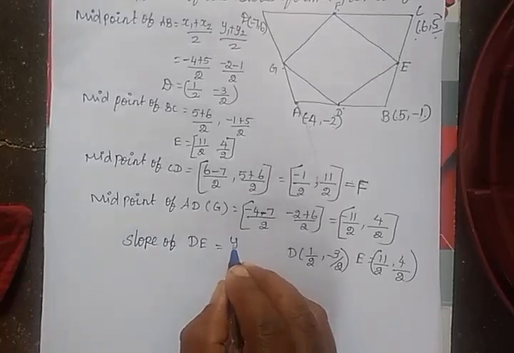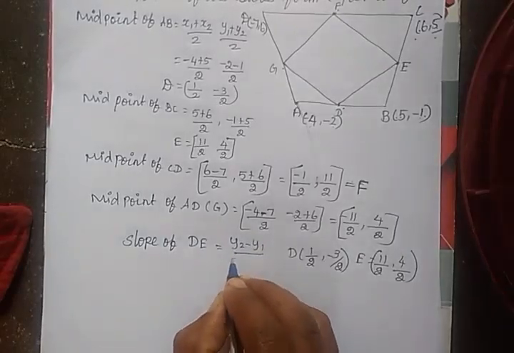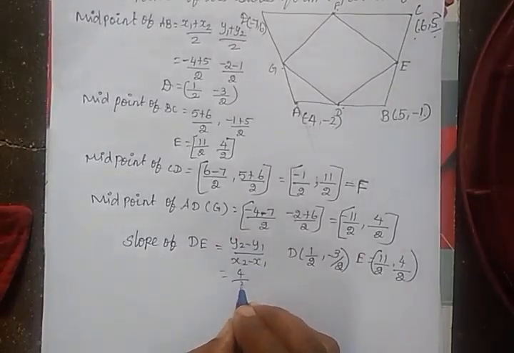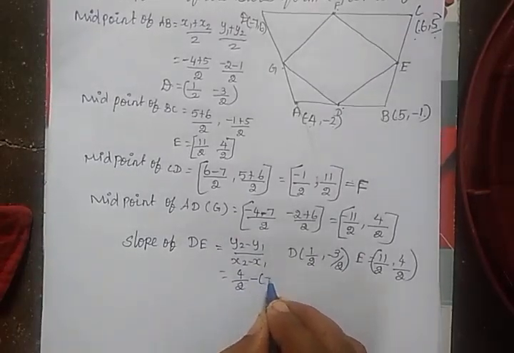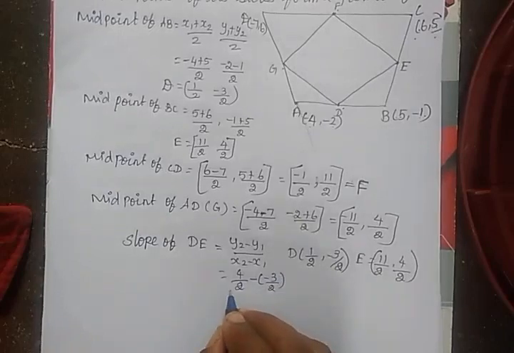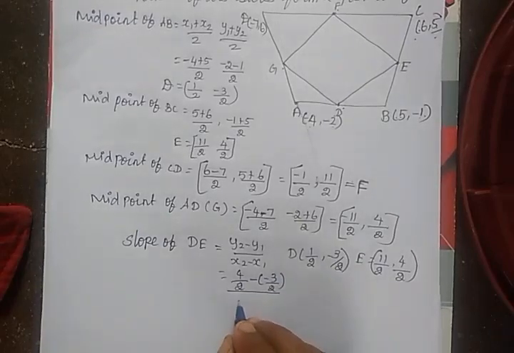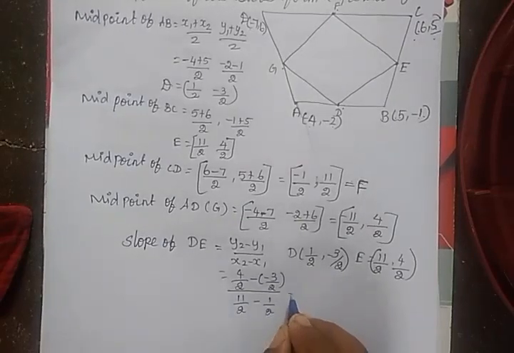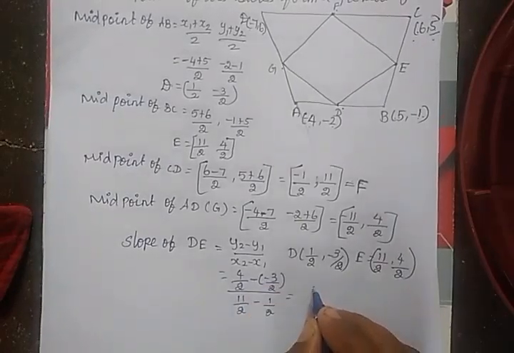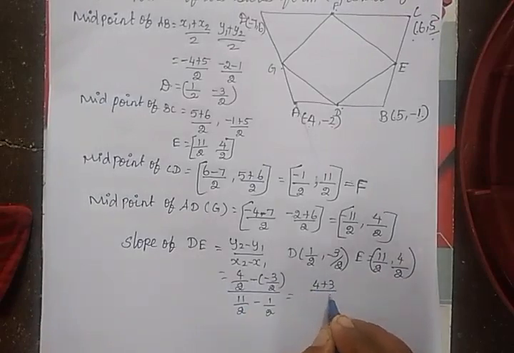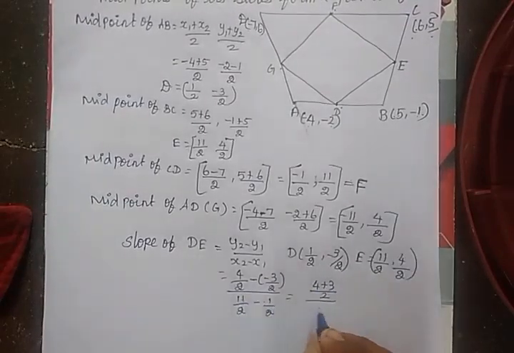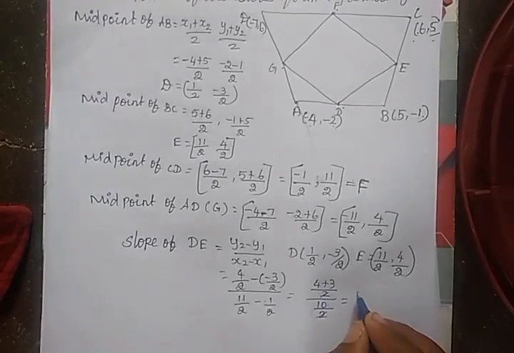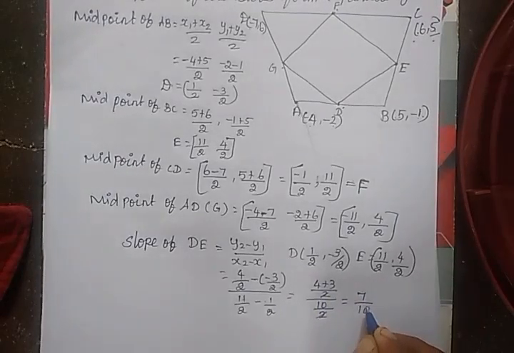Slope formula: y2 minus y1 by x2 minus x1. Here y2 is 4 by 2, y1 is minus 3 by 2, x2 is 11 by 2 and x1 is 1 by 2. Minus of minus is plus, so that is 4 plus 3 by 2, and 11 minus 1 is 10 by 2. Denominators are cancelled, so that is equal to 7 by 10.